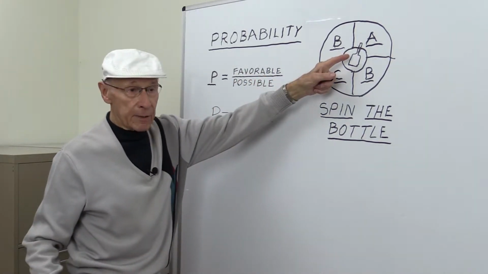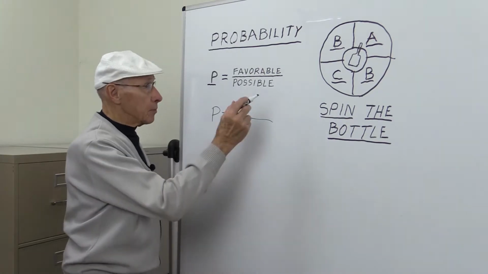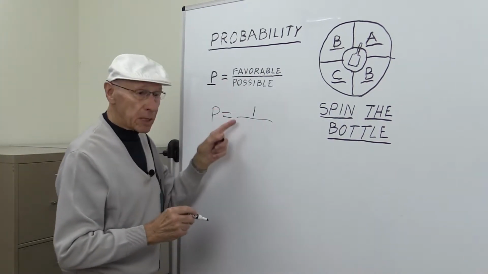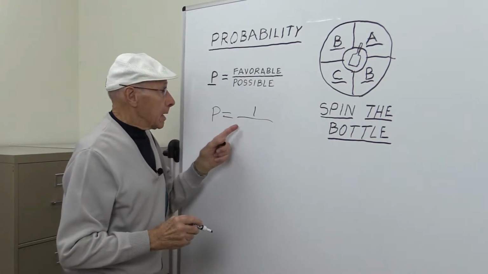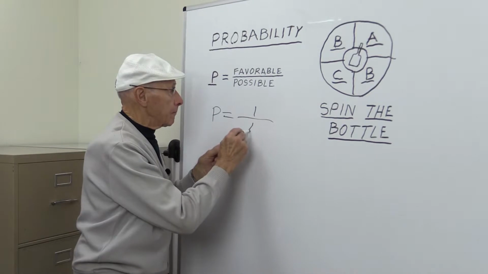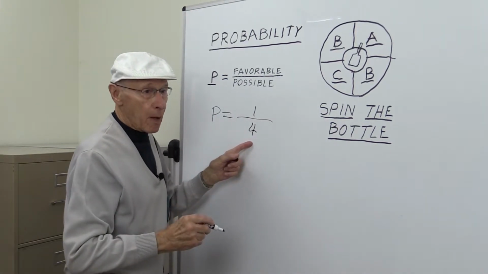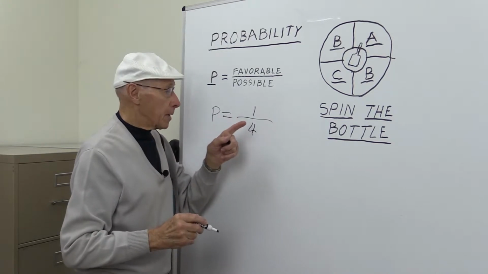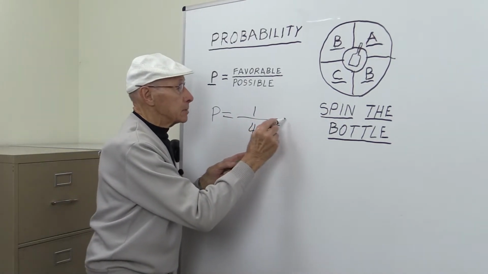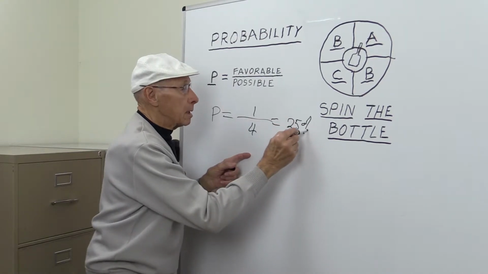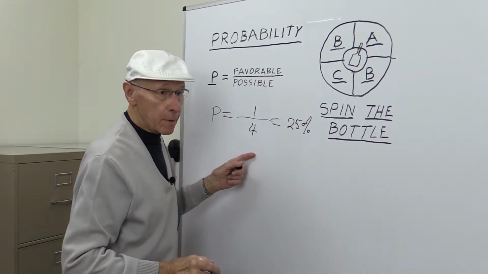Okay, we want it to land on A, so there's only one of those, so that would be 1 for favorable, and the possibility is how many there are, and there are 4. So the probability of the bottle landing on A is 25%. In other words, 1 out of 4.